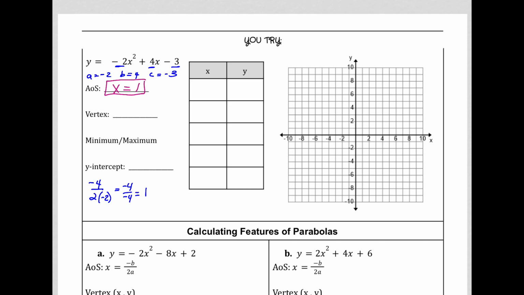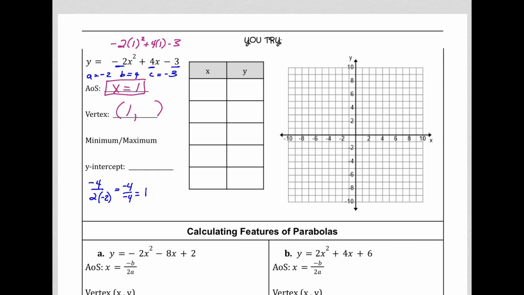Our vertex, then again, we can start off with our parentheses. We know that our x value of the vertex is the same as our axis of symmetry, so that's a 1. And then we're going to need to put that into the equation to see what we would get. So we've got -2 times 1 squared plus 4 times 1, and then -3.